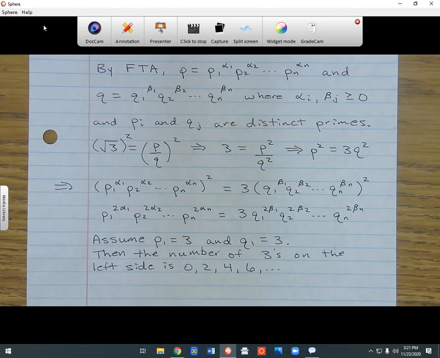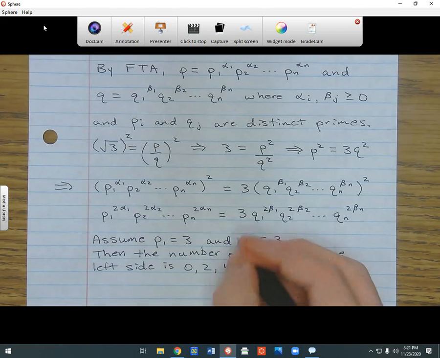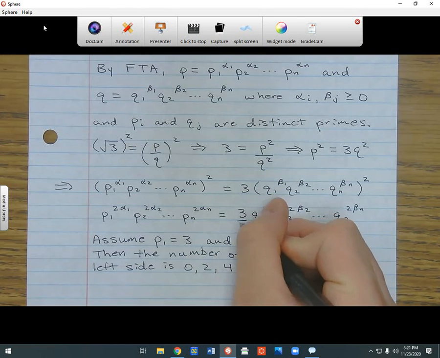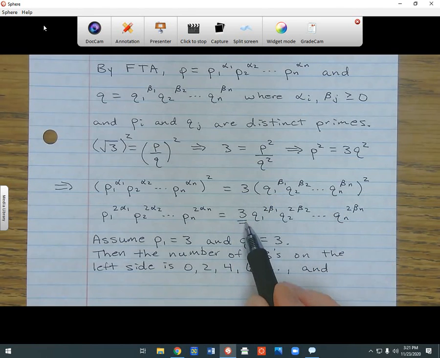And what can we say about the number of 3's on the right side? Well, this coefficient is going to come into play, right? There's at least going to be 1 3 on this side, right? So even if I have 0 3's right here, I still have 1 3 right here, so I'm still going to have 1 3, right?